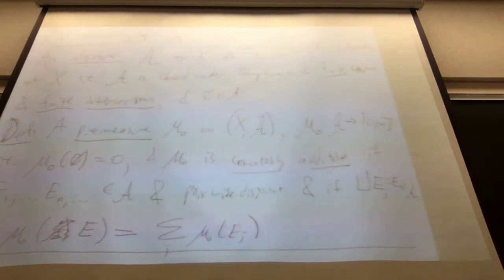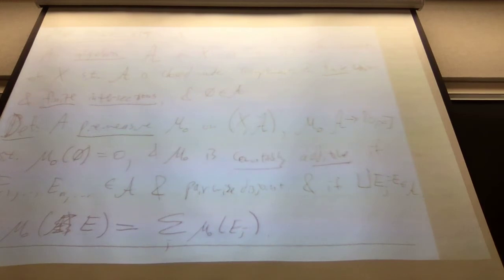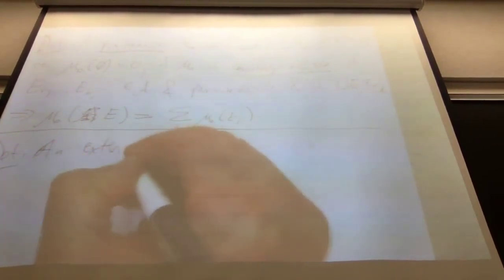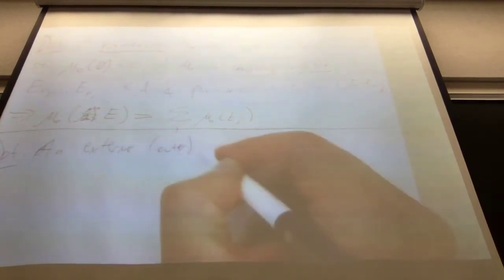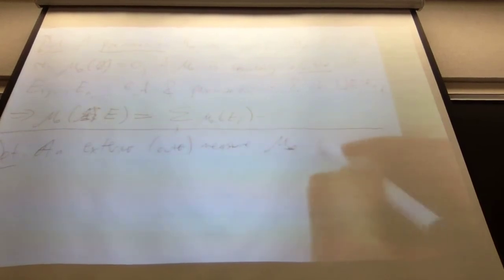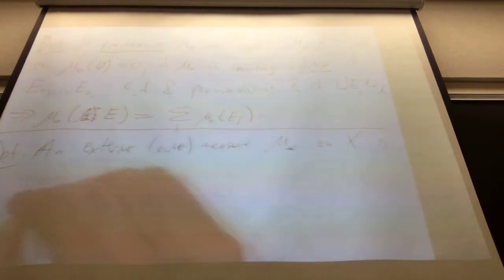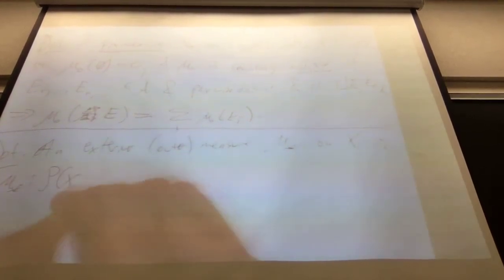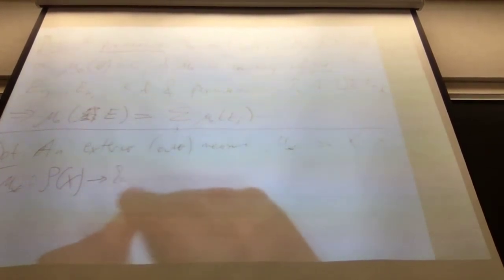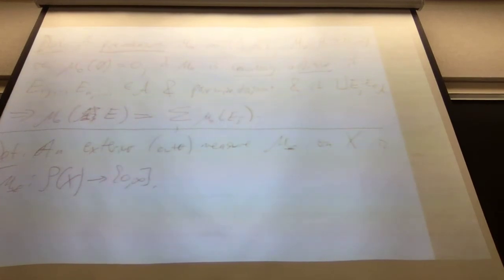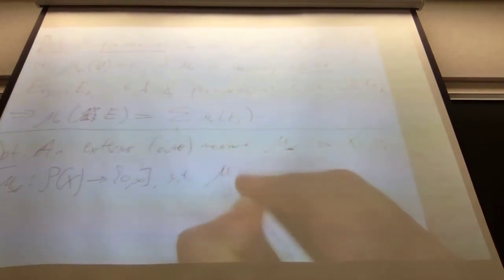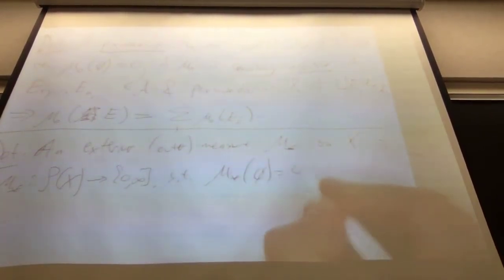That's a premeasure. An outer measure, or exterior measure, definition, an exterior or outer measure, mu star on X, is a function from the power set of X, all subsets of X, taking non-negative values, such that on the empty set, which it's allowed to measure, it takes measure 0.